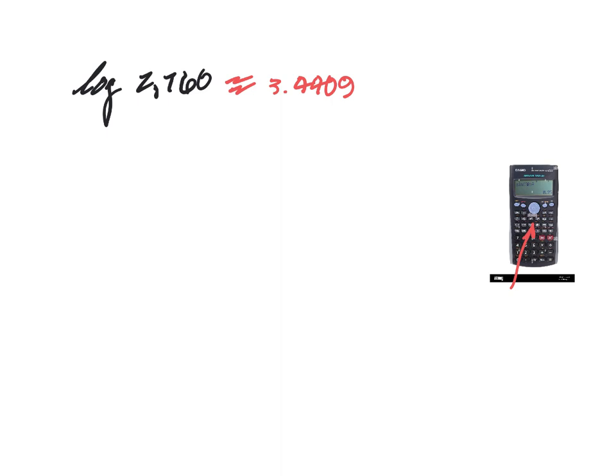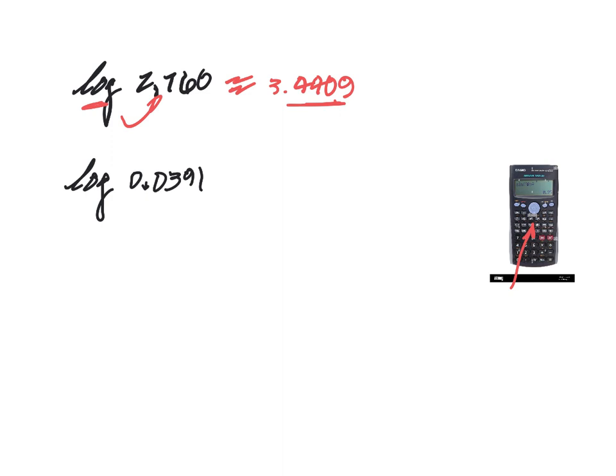All right, if you're not getting this number when you practice that on your calculator, you might have to put log in first and then this number. So it's going to be one or the other. It just depends on the calculator. The number, then log, or the log, then the number. So try that one. Also try the log of 0.0391.